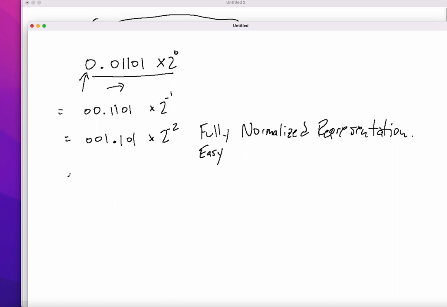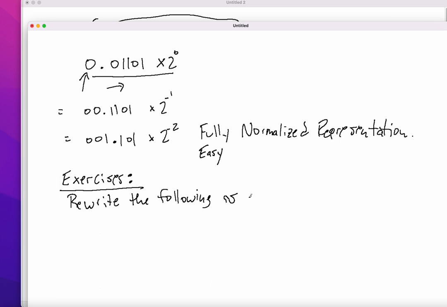Okay, so here are some exercises. Rewrite the following as normalized binary floating point numbers.